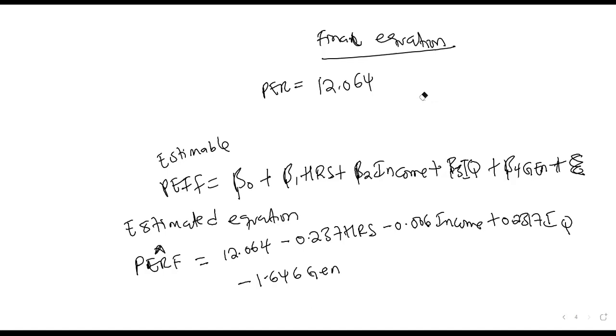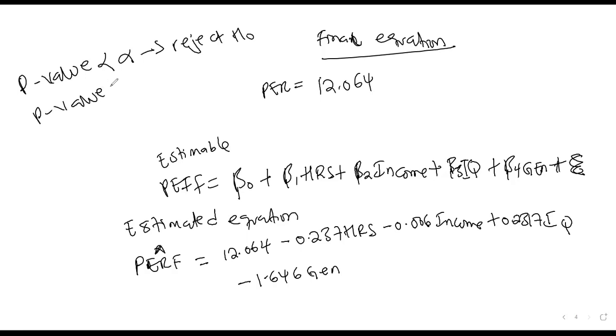So let's round up. When it comes to P, let me say this again. When the P value is less than alpha, we reject the null hypothesis. When the P value is greater than alpha, we fail to reject the null hypothesis, right?